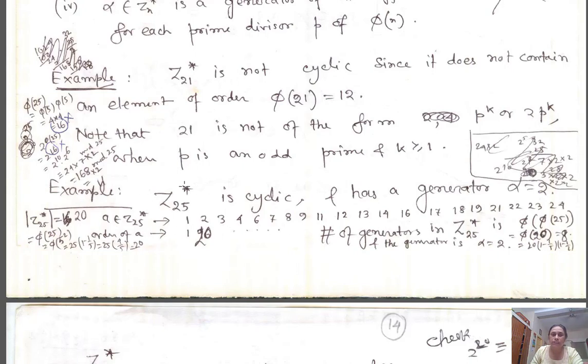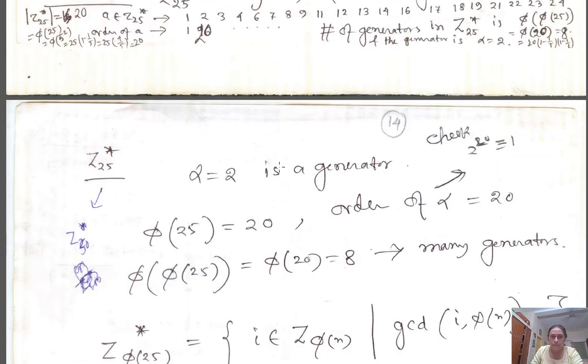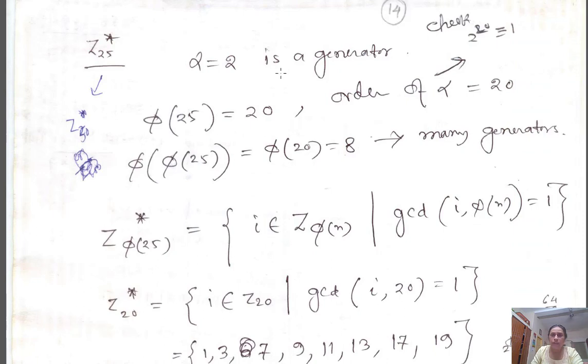And how many generators will Z25 star have? Phi of phi 25. Phi 25 is 20, you take phi of this 20. That many generators it will have. I have calculated this. Alpha equal to 2 is a generator. Phi 25 is 20, so the order of alpha should be 20.